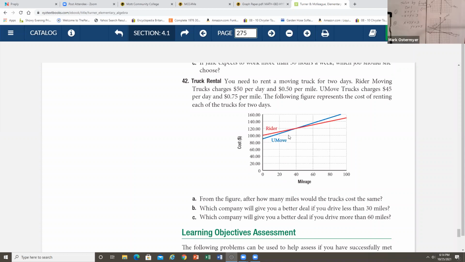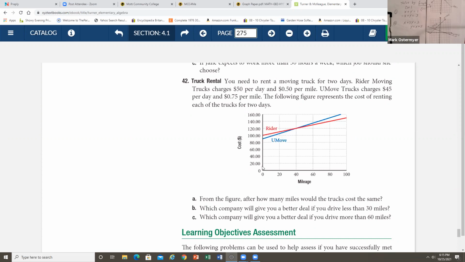Because for X less than or equal to 30 miles, the blue line is below the red line, which means the cost of the U-Move rental is less than the cost of the Ryder rental. So you would go with the U-Move rental if you plan to only put 30 miles or less on the vehicle. Ryder would cost you more in that case than the U-Move truck.